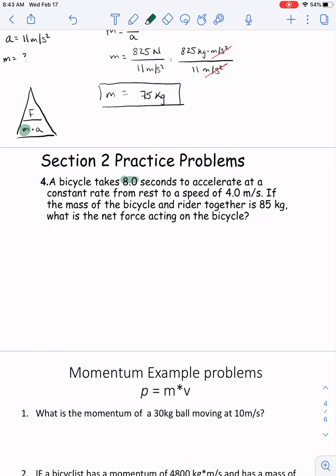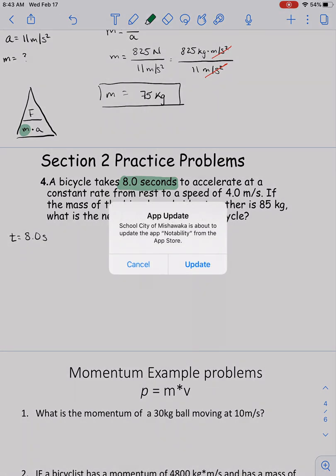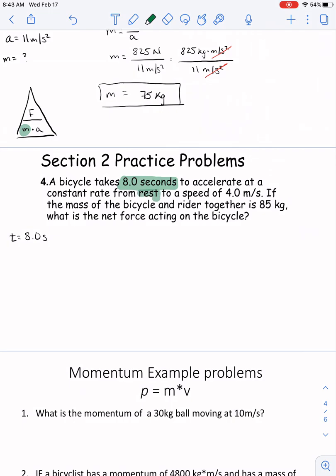So here, number hunting, 8 seconds is a time. To accelerate from rest. So rest means 0. So that means our initial speed, the from, is 0 meters per second to a speed of 4 meters per second. So that's our final speed.